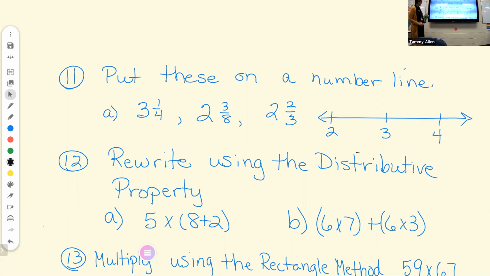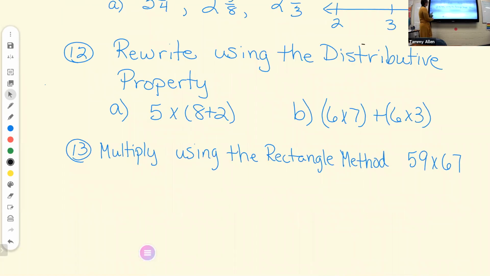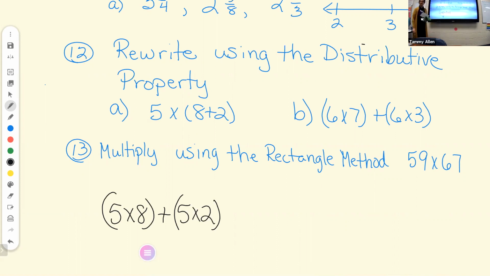Number 12, you rewrite those using the distributive property. Part A, how would we rewrite those using the distributive property? Lane. 5 times 8 plus 5 times 2. Perfect.